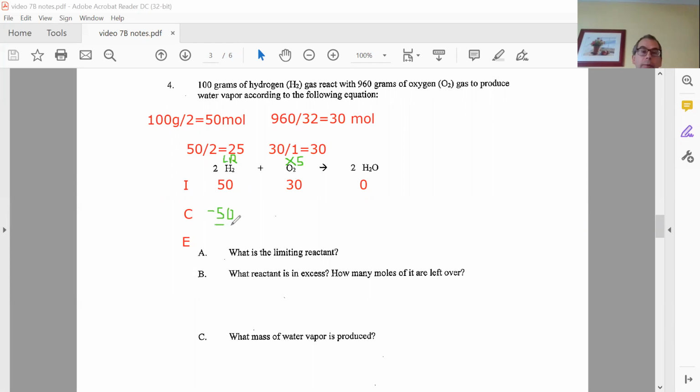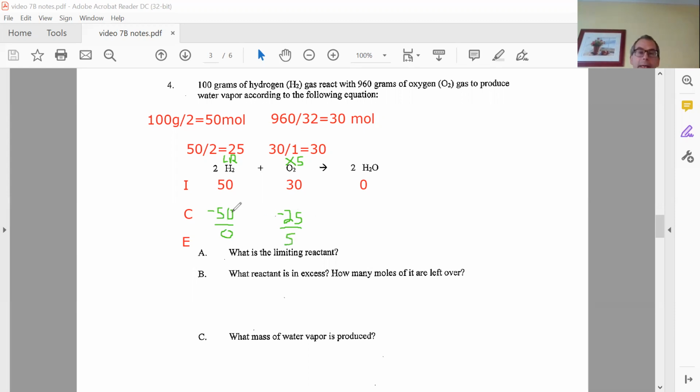And if all your limiting reactant reacts, you end up with nothing. If I have 50 here, half as many moles of oxygen are used, 50 times 1/2, but it's a reaction, so I'm going to say it's 25, but I'm going to put a negative in front because it's getting used up. So if we started with 30, we used 25, we are going to have 5 left. And yes, this is all in moles.